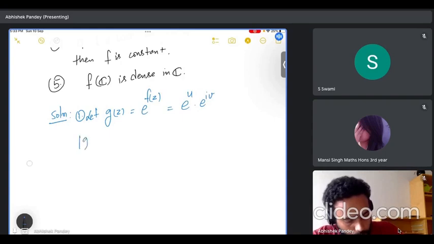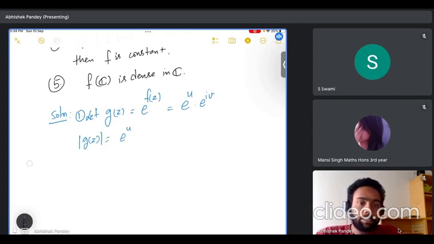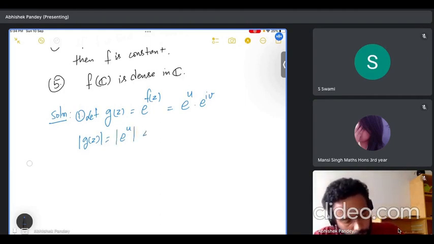So mod of g(z) is what? e^u. And basically u is less than or equal to 0. So u is less than or equal to 0, so this is less than or equal to 1, since u is less than or equal to 0.